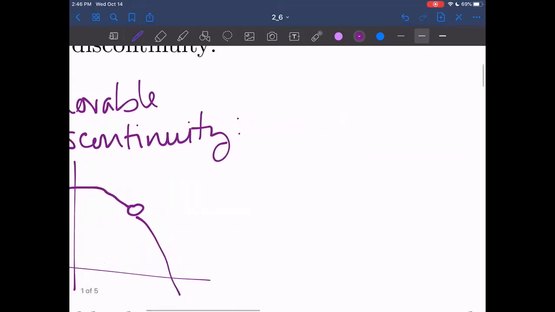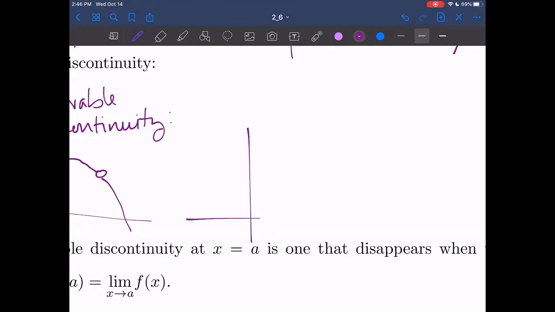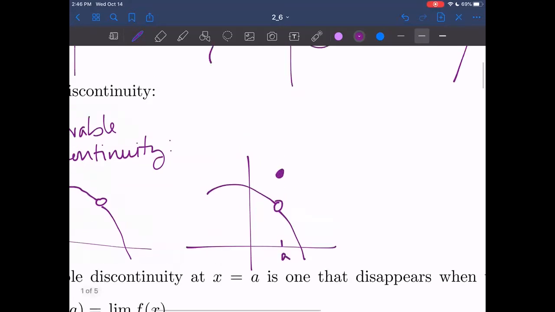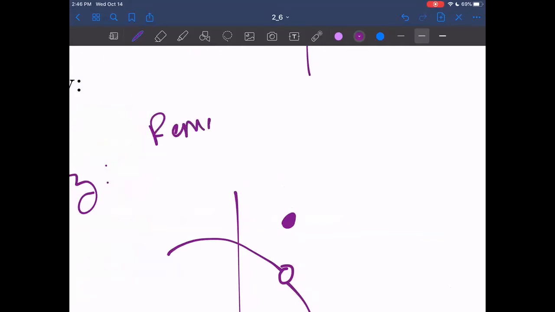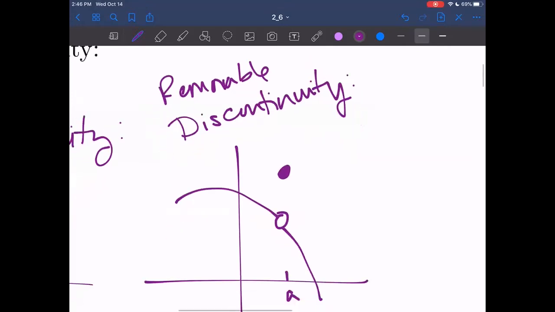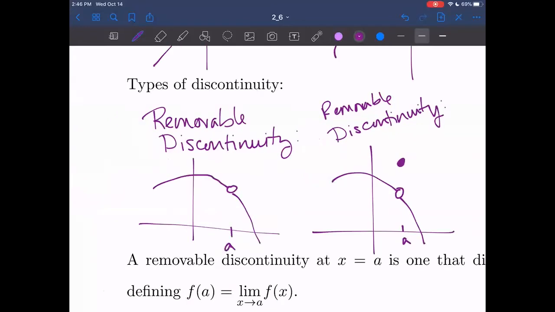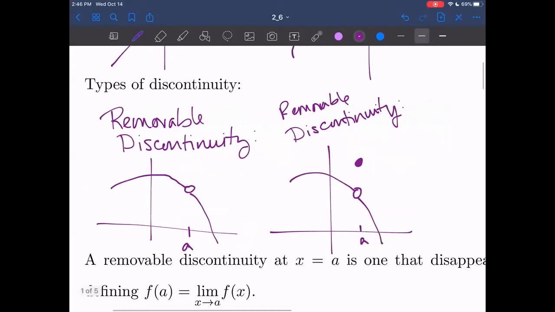Another type of removable discontinuity is if you've got a function with a hole, but it's filled in somewhere else at that point. That's still a removable discontinuity. So these are both removable discontinuities, so any type of hole.